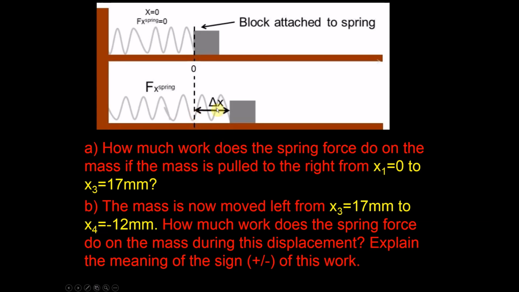So in part A, we're going from 0 here to 17 millimeters. In part B, we're going from 17 millimeters over here to negative 12 millimeters. How much work does the spring force do on the mass during that displacement? And we'll talk about the sign that's applied to the work.